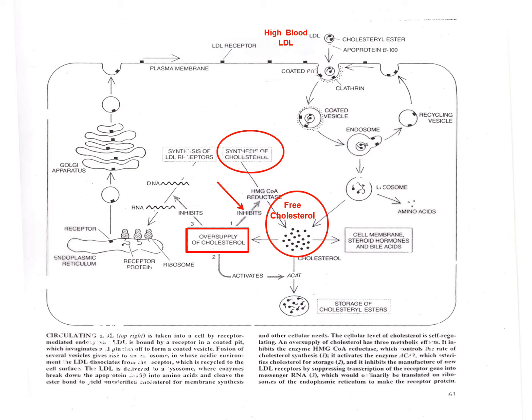But you'll notice the arrow indicates that if you have an oversupply, obviously the liver doesn't want to make any more of its own, doesn't have to, so you inhibit the ability of the HMG-CoA reductase to work, and you won't make any more free cholesterol.